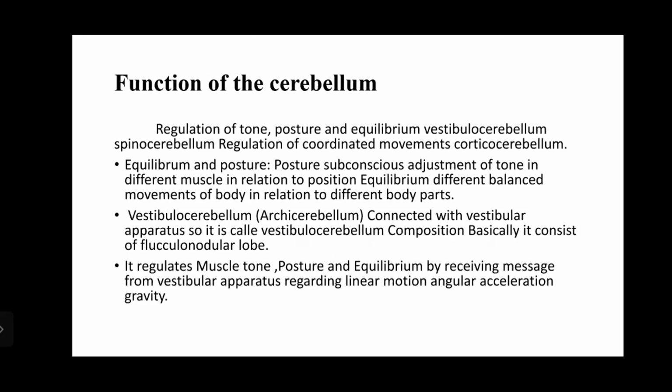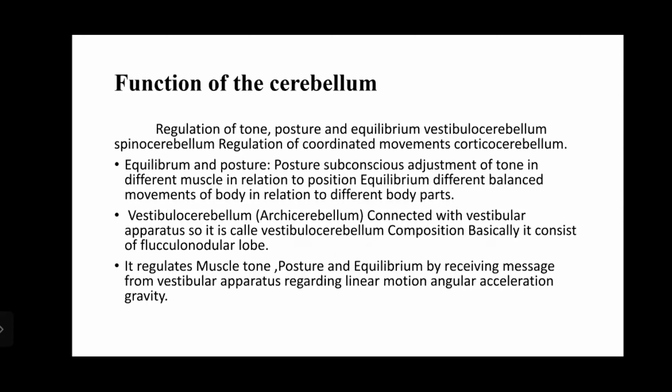Continuing. So the functional part of the cerebellum. Basically, we're going to see how it works with motor function, the mobility of the body, which regulates tone, posture, and equilibrium: the vestibulocerebellum, and the spinocerebellum, which regulates coordination of movements, and the corticocerebellum.